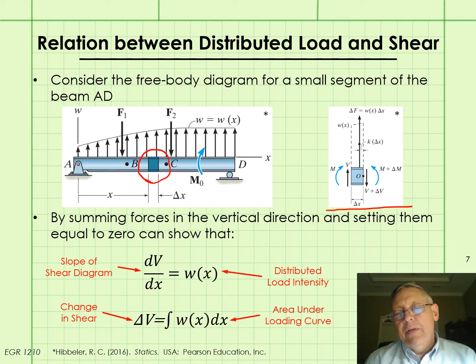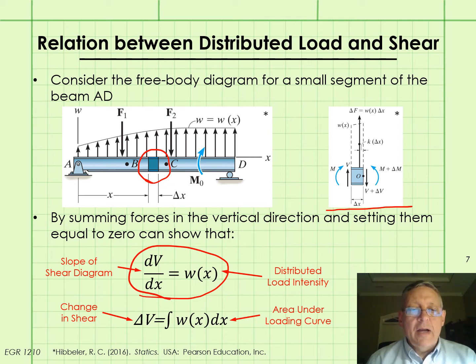And we're not going to go through the derivation, but by summing forces in the free body diagram that are in the vertical direction and setting them equal to 0, we can show that the slope of the shear function or the shear diagram is equal to the intensity of the distributed load, and that the change in shear in the shear function between two values of x is equal to the area under the distributed load loading curve between those two values of x.